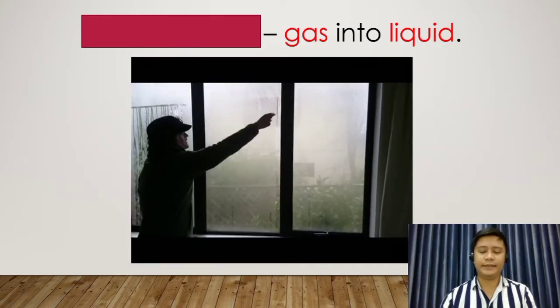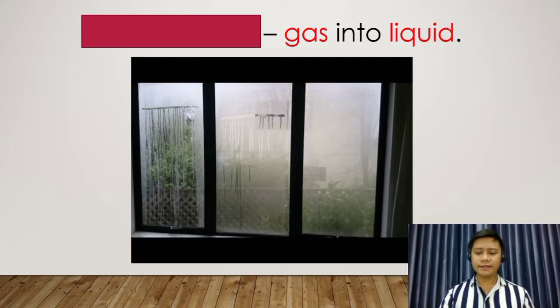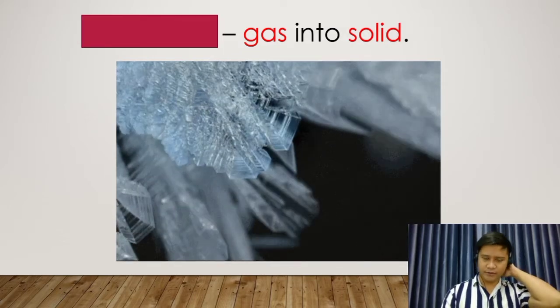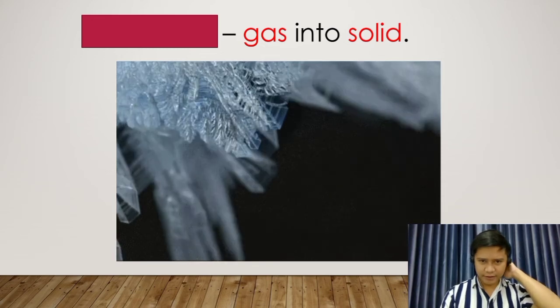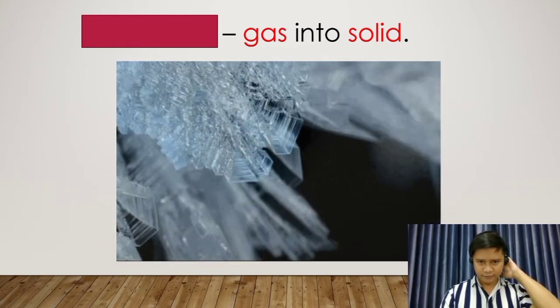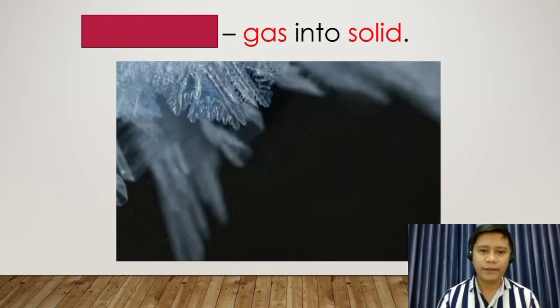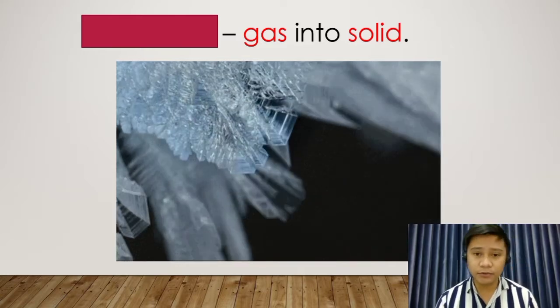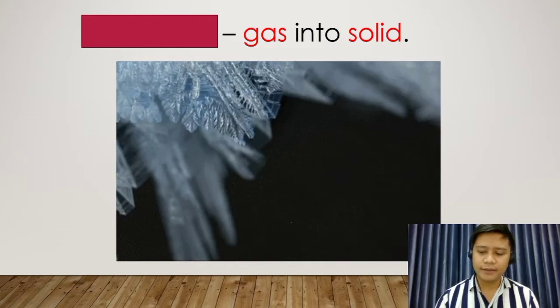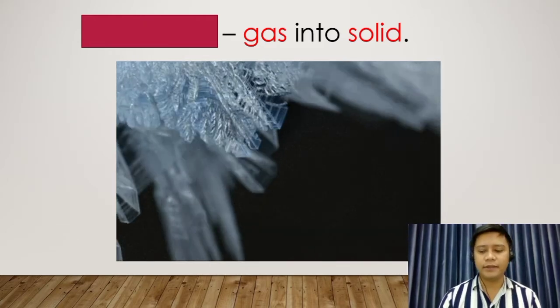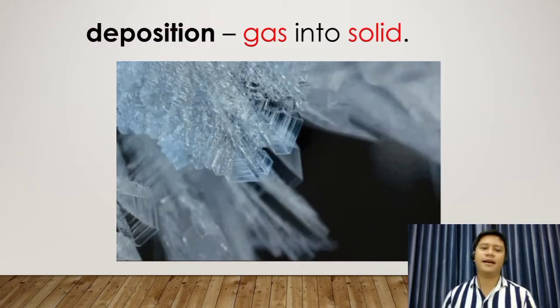Okay, understand? Next, the physical change we have is this one. What do you call that? As you can see in the art, the air will become ice, or the gas becomes solid. So what physical change is it? Let's try to find out.